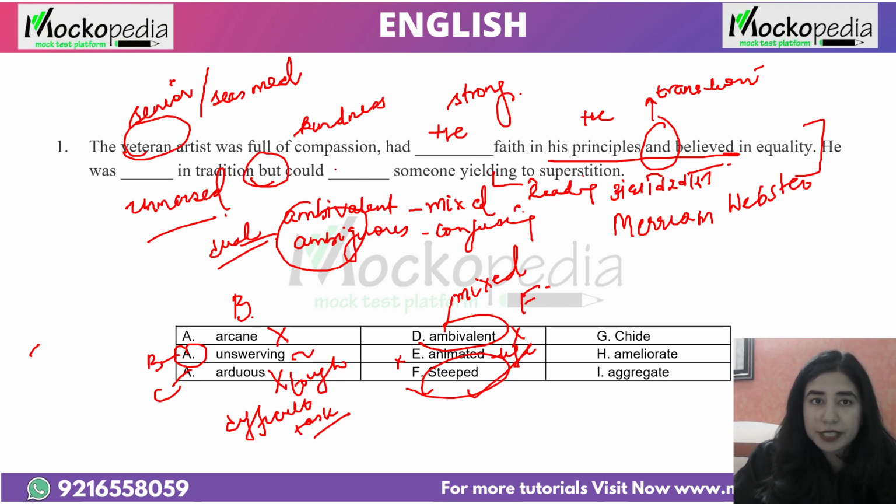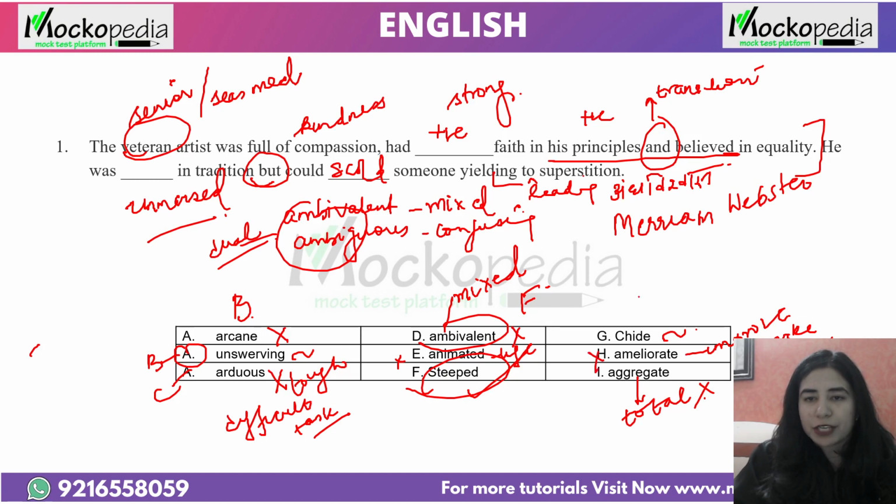But he could criticize or scold. So that will be my predicted word. Shied is to criticize, so this we can keep. Emulate is to improve, right? Make better. और एग्रीगेट, आपसे पूछना एग्रीगेट मार्क्स कितने हैं, तो टोटल, right? So this will not match, H will not match, so G will be for this particular blank, right?